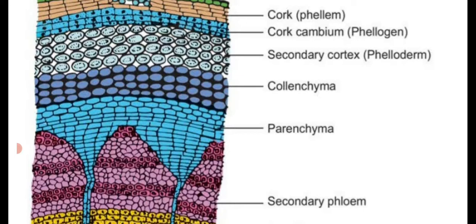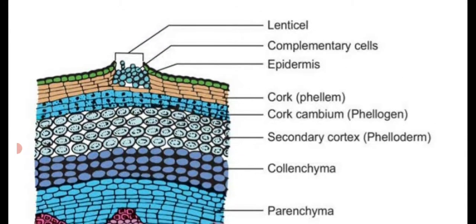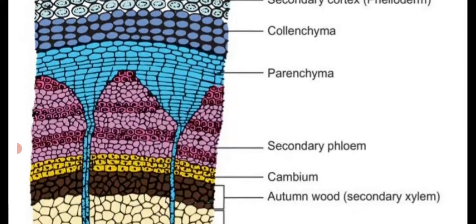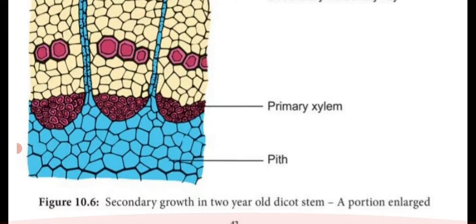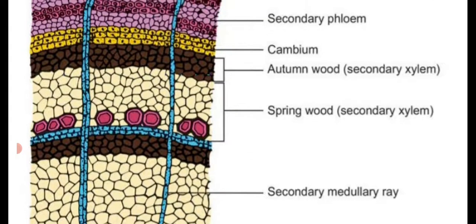Then outer to phelloderm, they are having the cork cambium or phellogen. Then phellem or cork cells. Then epidermis, complementary cells and lenticels. So this is the secondary growth in a 2-year-old dicot stem. It is a very important 5-mark diagrammatic question.